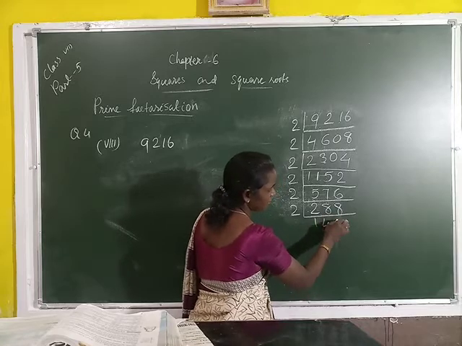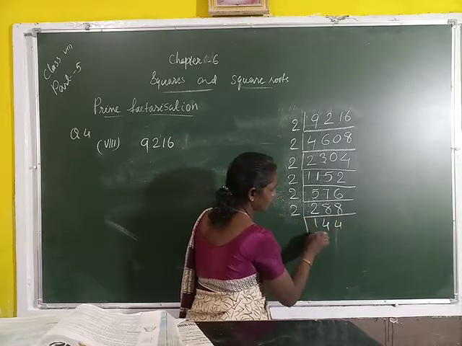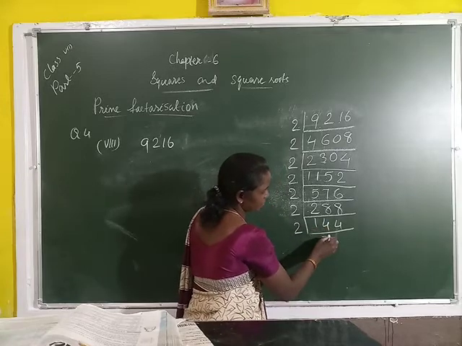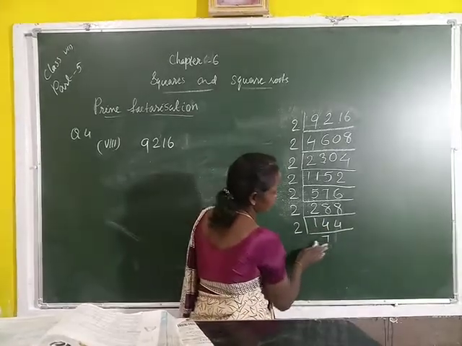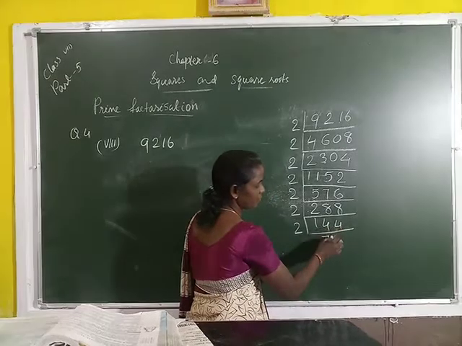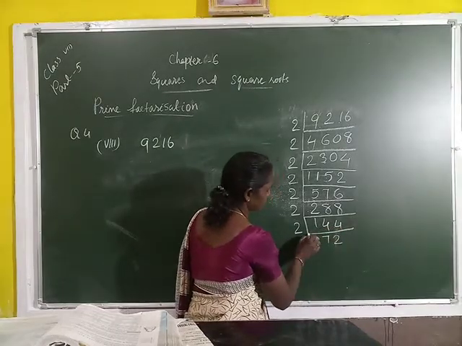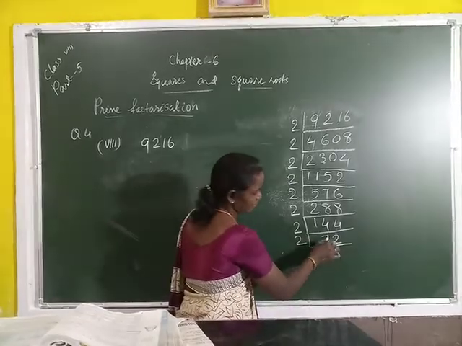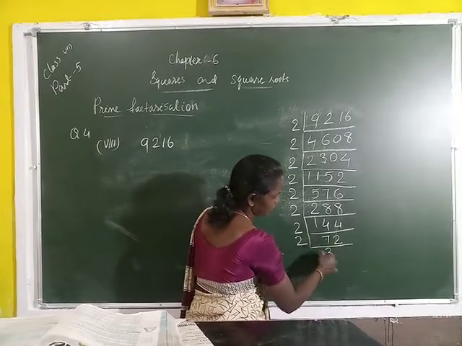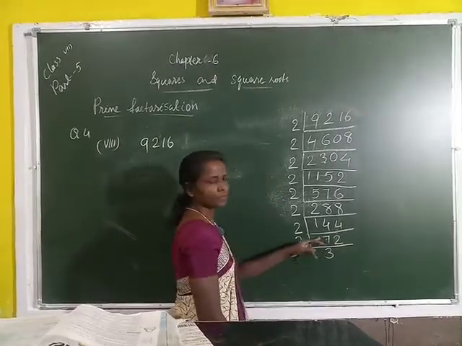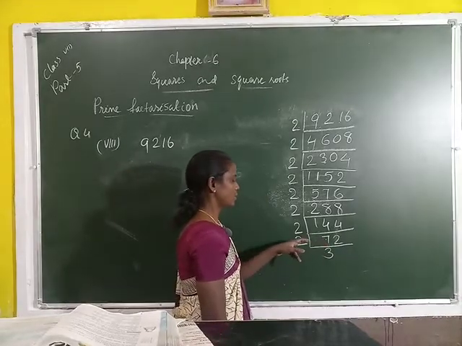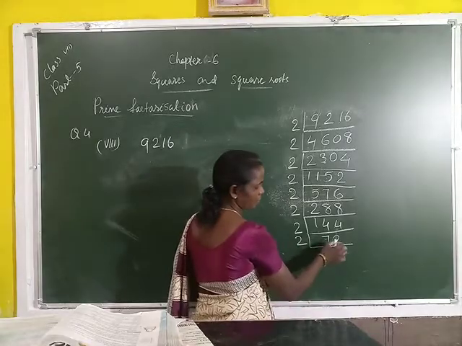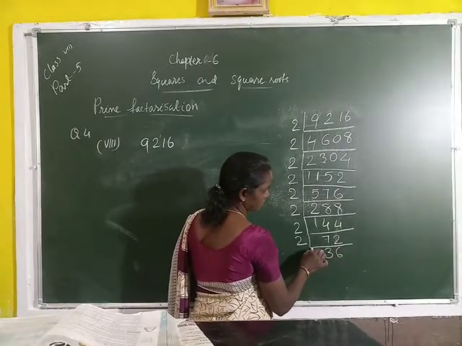How many times does 2 go into 4? 2 times. 2 threes are 6. 7 minus 6 is 1. 1 and 2, 12. In 12, 6 times.